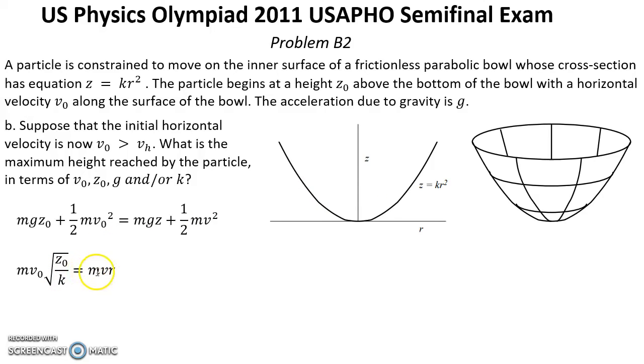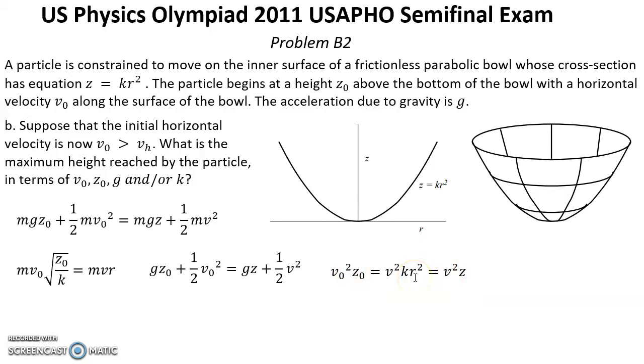That's equal to mvr at the highest point. Now we can cancel masses in both equations. We can square the second equation and we will get the next equations. This is energy conservation and this is angular momentum conservation.